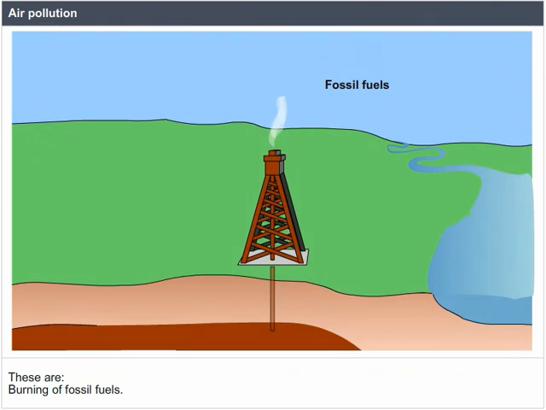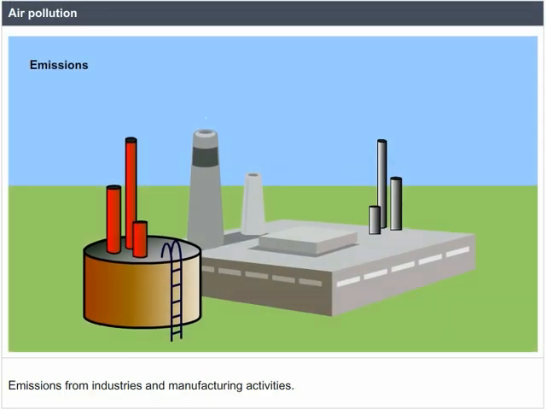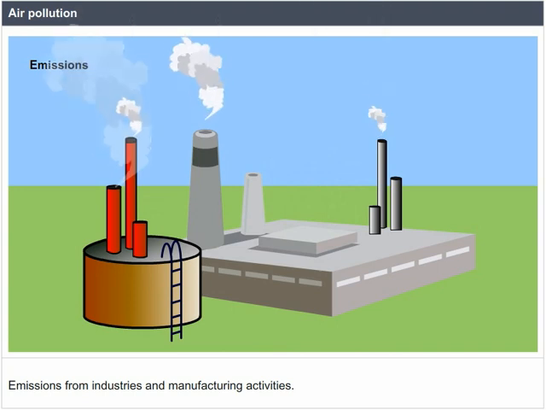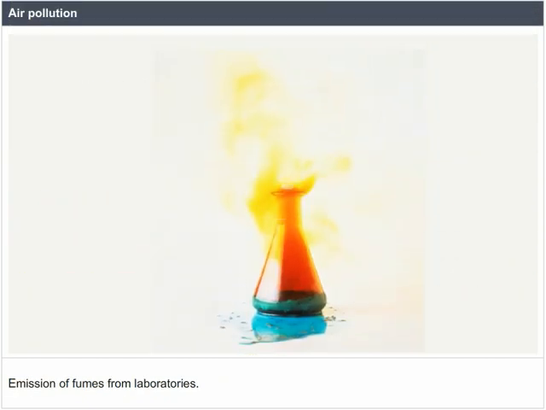These are burning of fossil fuels, use of internal combustion engines like generators, emissions from industries and manufacturing activities, use of household and farming chemicals, emission of fumes from laboratories.